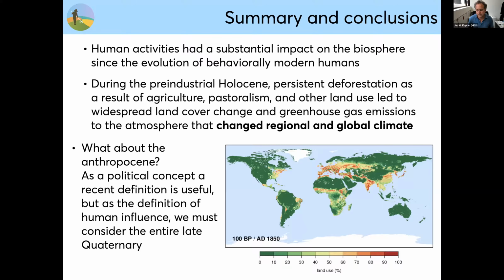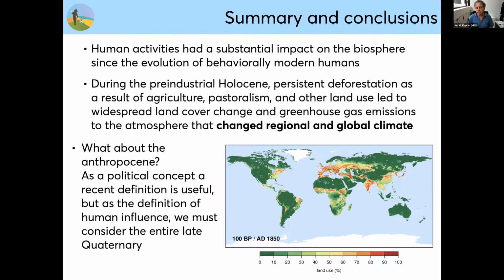I said I would mention the Anthropocene. What does this mean? As a political concept, I think the Anthropocene is useful because it acknowledges the role that humans play in the Earth system. We are as important a force nowadays in influencing Earth's climate as changes in the Earth's orbit around the sun, or changes in the configurations of the continents through continental drift.